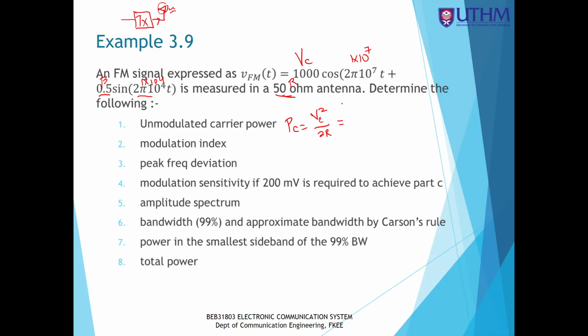This is equal to 1000 squared divided by 2 times 50 ohm. 1000 squared divided by 100, so you're going to get 10,000 watt.